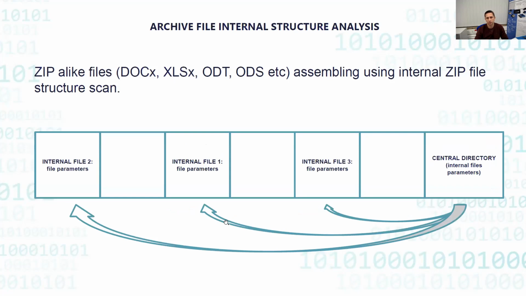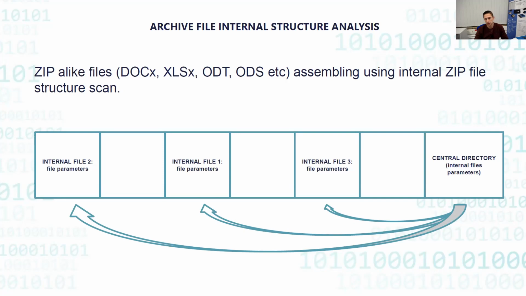Then we can perform archive file internal structure analysis. You may know that modern Office applications such as Microsoft Office and OpenOffice in fact use zip files for their data. For example, a docx file is a zip archive with some XML files inside.